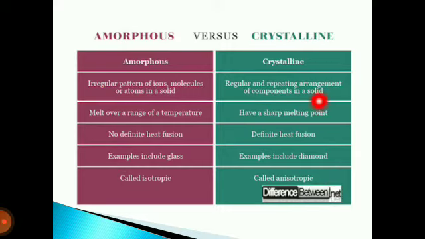Because of the regular, repetitive, specific geometrical arrangement, the properties of crystalline solids depend on the direction. Therefore, it is called anisotropic. Examples of amorphous solids are glass, rubber, plastic, pitch, coal, starch, proteins, etc. Examples of crystalline solids are sulfur, sugar, sodium chloride, diamond, etc.